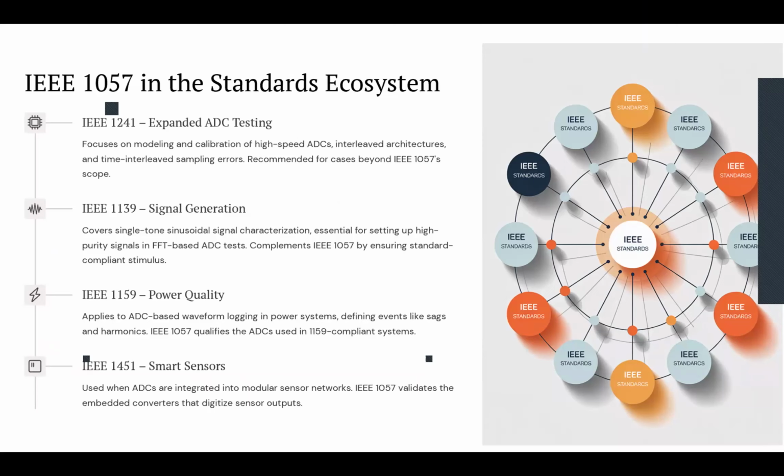Like IEEE 1241 is the expanded ADC testing. 1139 covers signal generation. 1159 covers power quality. 1451 tries to cover smart sensors. So these are complementary. All these, like signal generation, smart sensors, and power sources, are within the structure of the test procedure in IEEE 1057. But these complementary standards make sure that you meet all the requirements that you need to pay attention to.